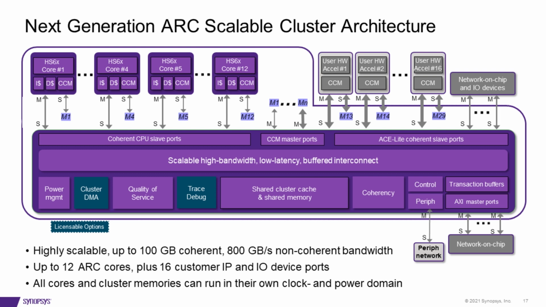Everything is part of the low latency, high bandwidth interconnect. So we do support standard interfaces like ACE-Lite on the master side, as well as external NOCs, using standard interfaces like AXI and AHB for peripheral access.